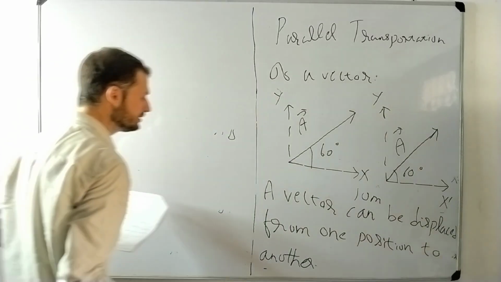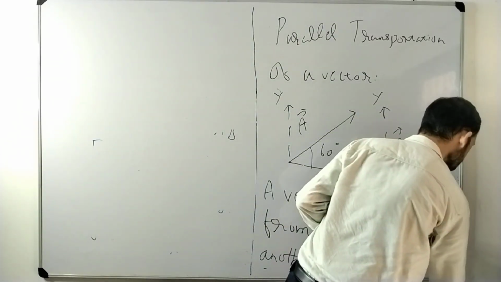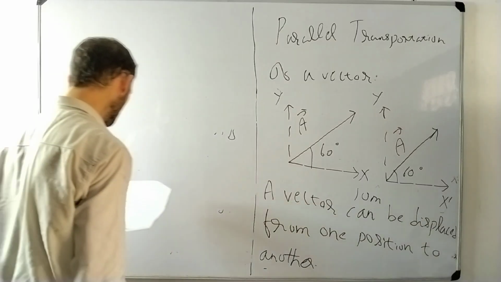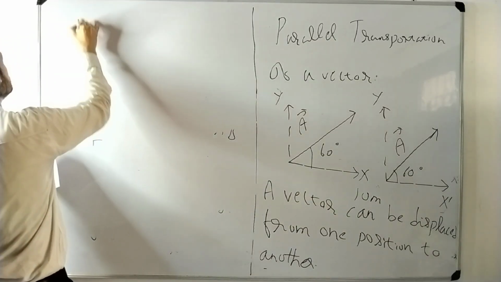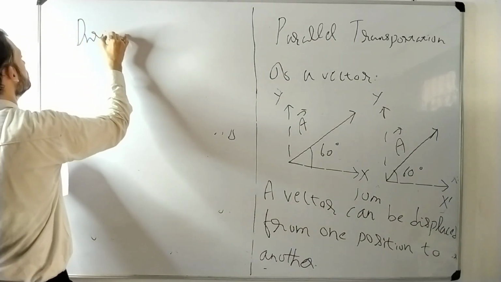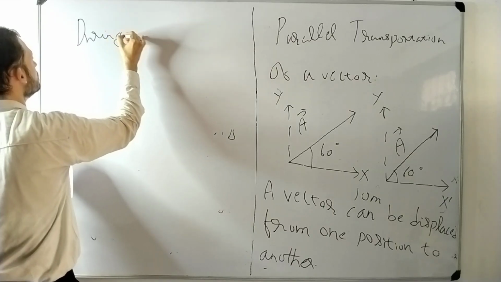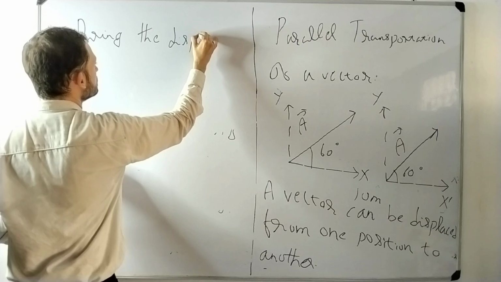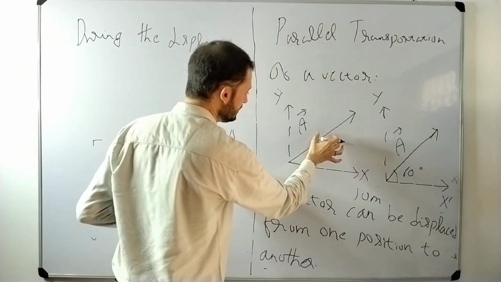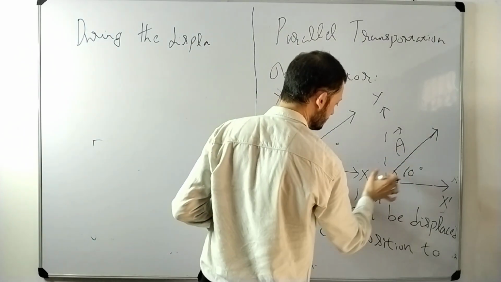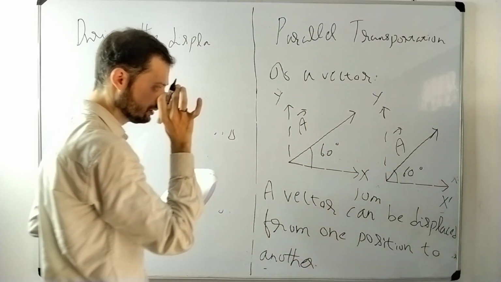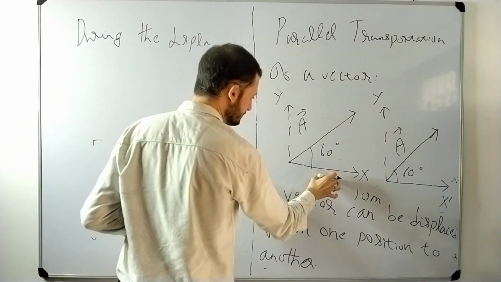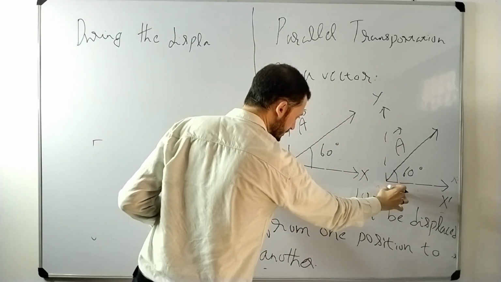During this displacement, see here, vector A is displaced 10 meters away from this coordinate system to this coordinate system.